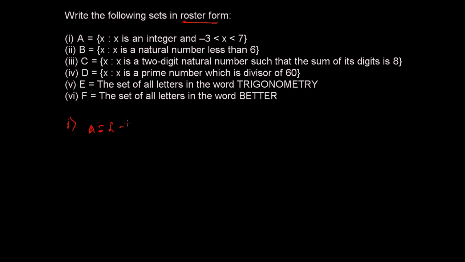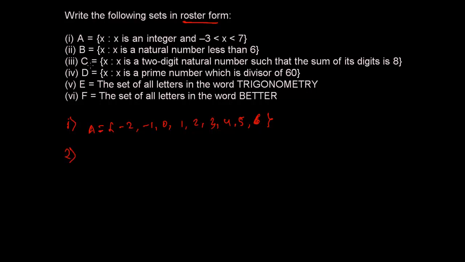So it is -2, -1, 0, 1, 2, 3, 4, 5 and then 6. I'm not going to write 7 because it's less than 7. Similarly, I had not included -3 here because x was greater than -3, and that's it.